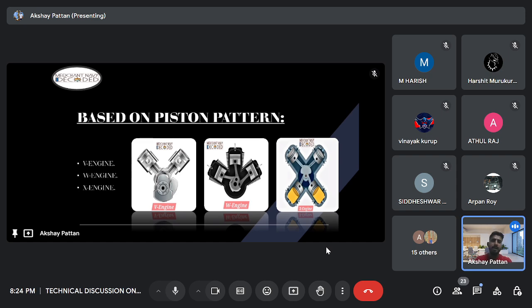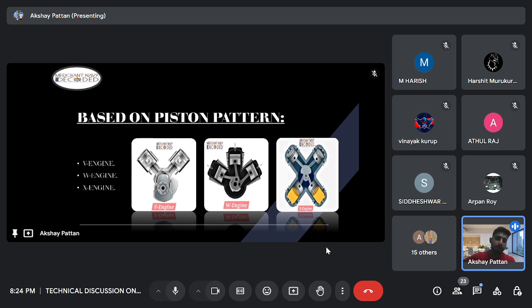Guys, can you give me an example of a V twin engine, where you have seen a V twin engine in a regular day? It is used in a bike. There are many bikes with V twin engines, usually 350cc, 400cc, 600cc.